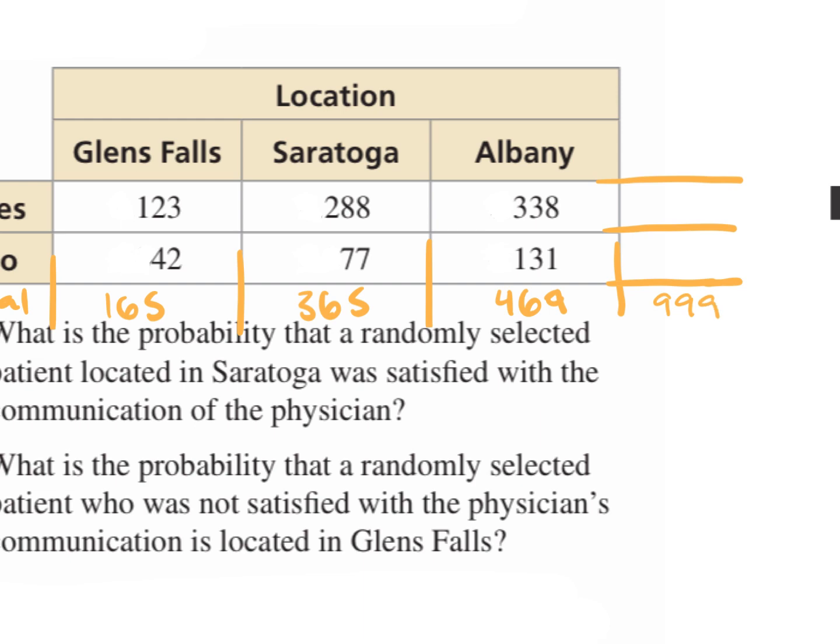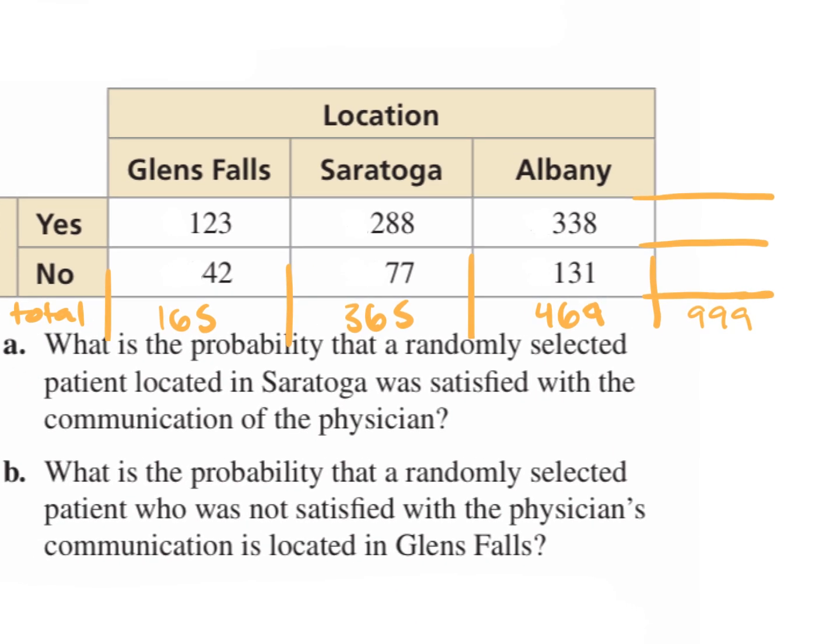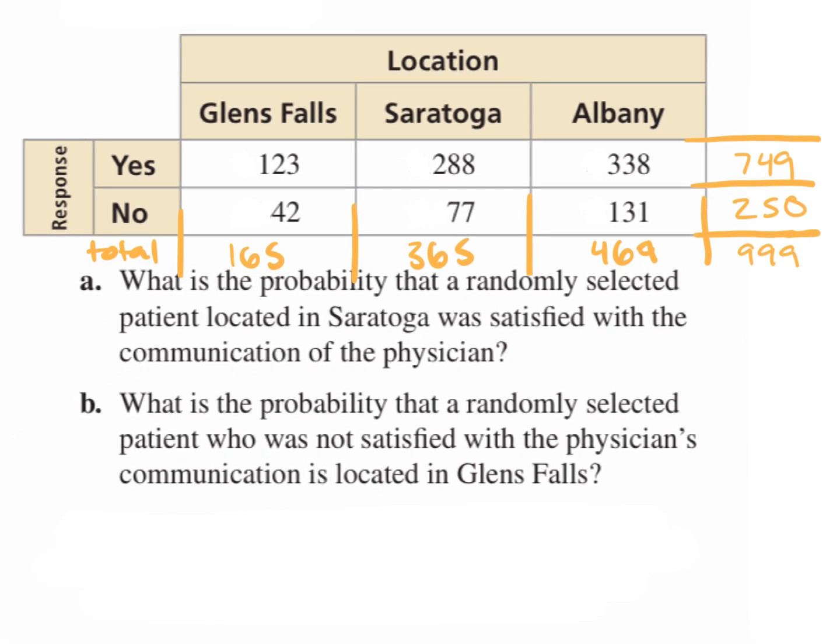So what's the total amount of people total? 999. What's the total amount of people that said yes? 749. And the total amount of people that said no? 250. Awesome. So A says, what's the probability that a randomly selected patient located in Saratoga was satisfied with the communication of the physician?